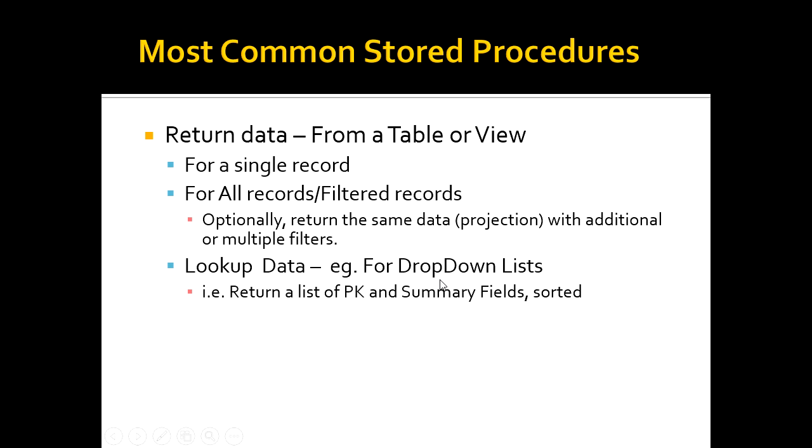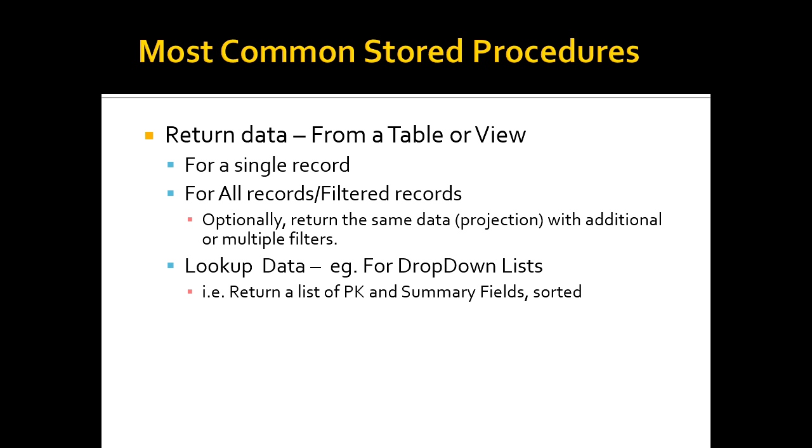Lookup data for drop-down lists and so on, right? We'll often create a specialized stored procedure because most drop-down lists look for two pieces of information. Whatever you want to display in the drop-down, and then an internal value that usually is the primary key, the unique identifier for a record.